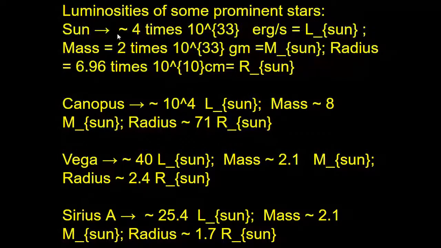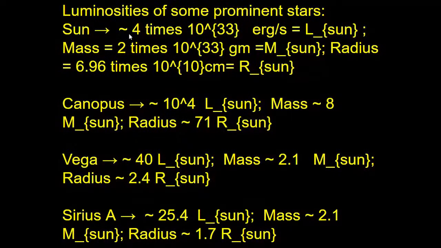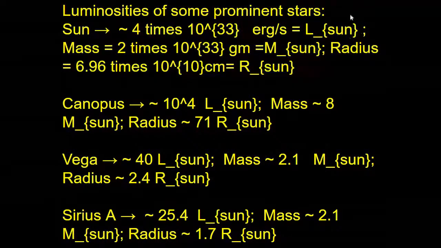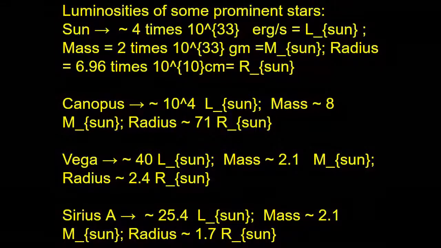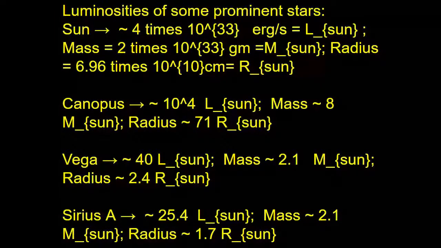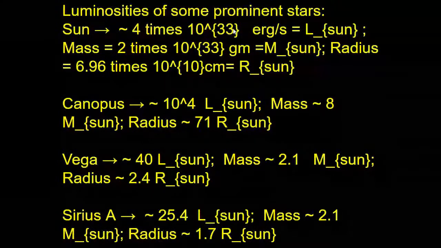Sun's luminosity is close to 4 times 10 raised to the power 33 erg per second. Okay. And this is termed as the solar luminosity. So L sun, or L with a subscript circle with a dot. Circle with a dot is a symbol for sun, and the solar luminosity is close to 4 times 10 raised to the power 33 erg per second.